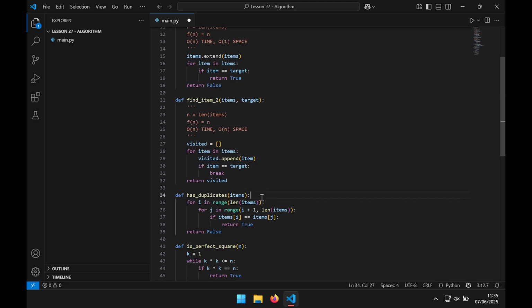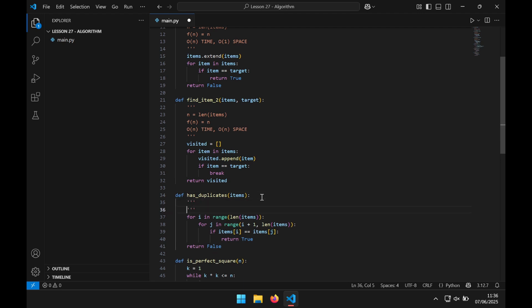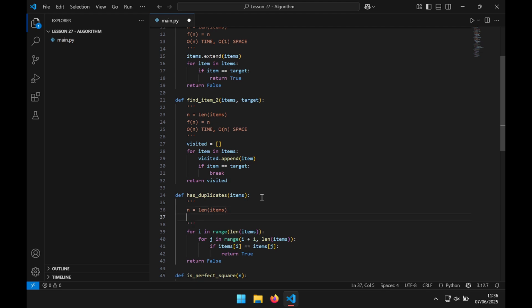Here we have a nested loop, which is a bit more complex. Let's analyze one by one. So n equal length of items. Let's say this. And then there is n1, which is the first loop.